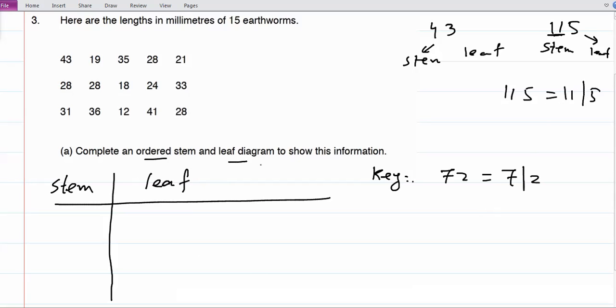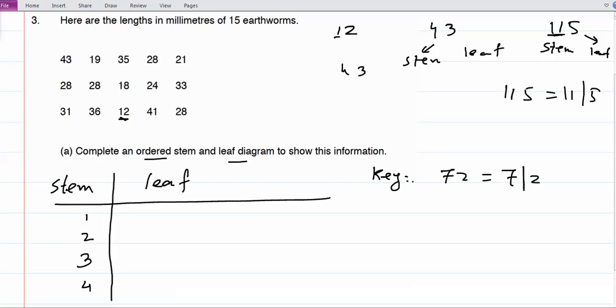After writing the key, the smallest number is 12, and the largest number is 43. Write the stem of the smallest number, write the stem of the largest number, and between them which numbers come? 2 and 3.